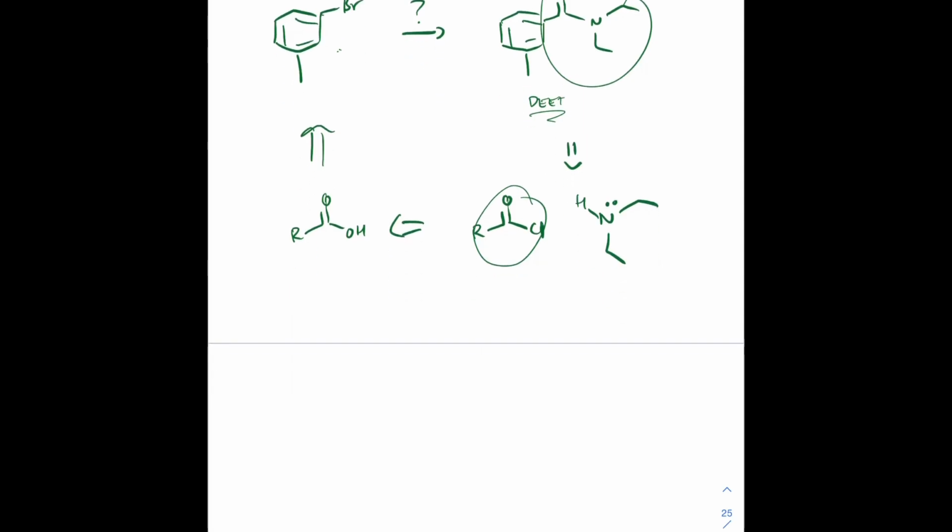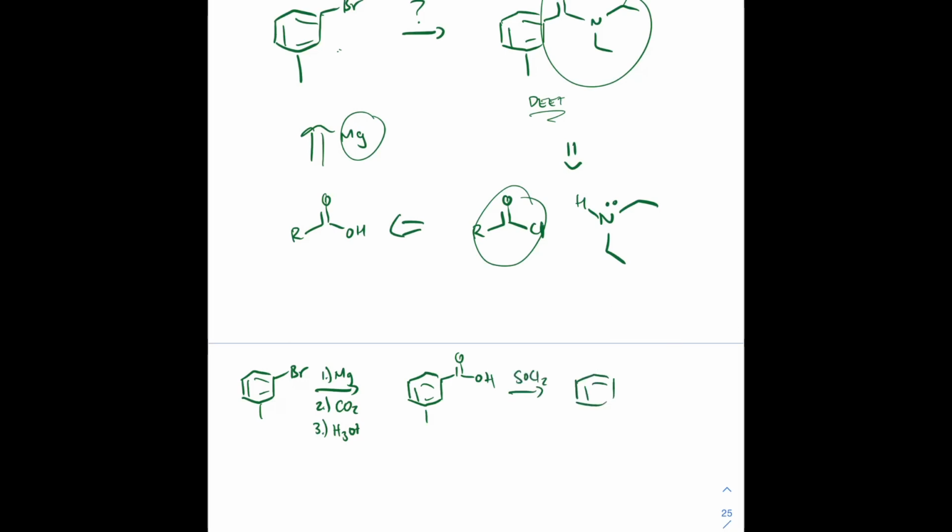We know we make that from a carboxylic acid, and we can go back from a bromobenzene and make a carboxylic acid with a Grignard. The way we do that is add magnesium. That makes the Grignard, and that Grignard attacks carbon dioxide, followed by acidic water, and we can make a carboxylic acid.